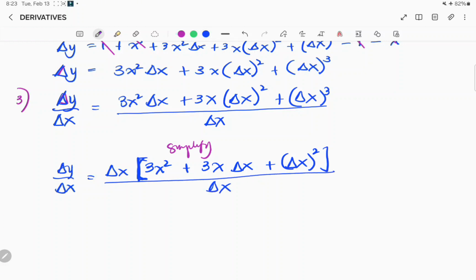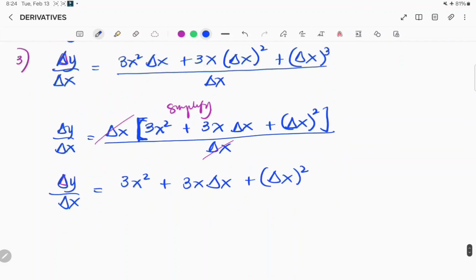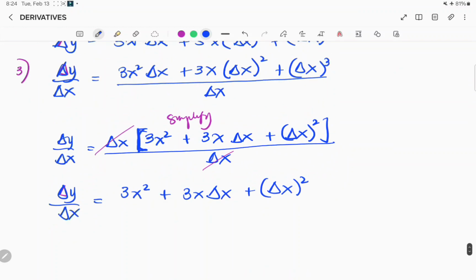We can cancel now change of x, and the remaining average rate of change is change of y over change of x is equal to 3x squared plus 3x change of x plus change of x squared. That's step number 3.